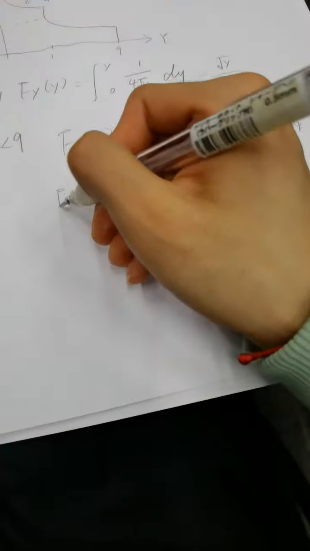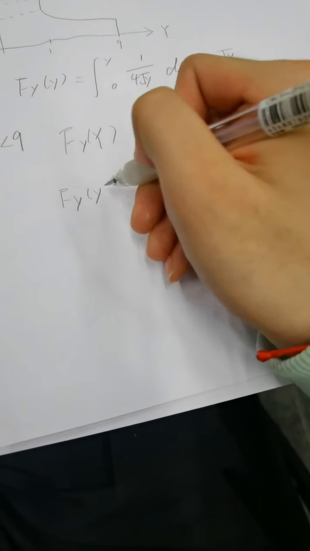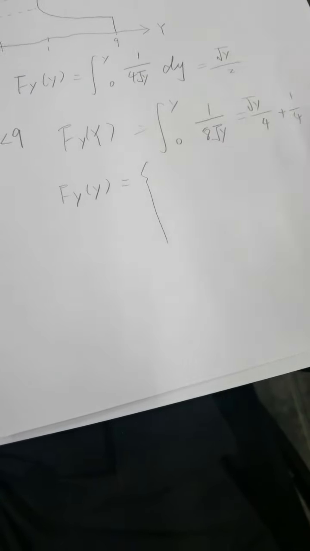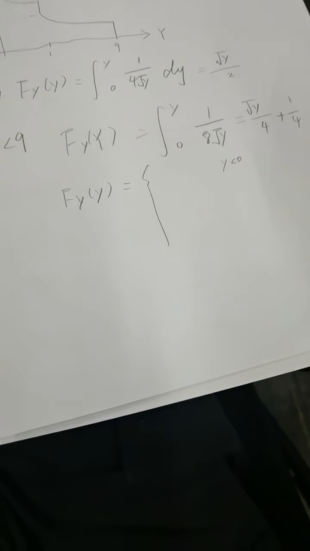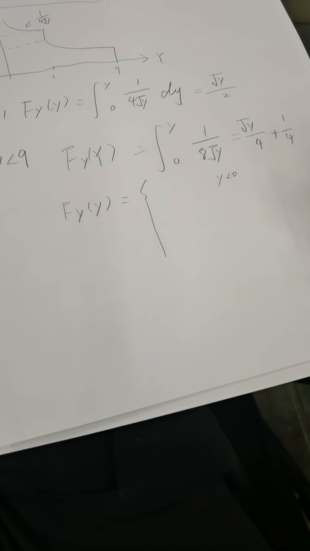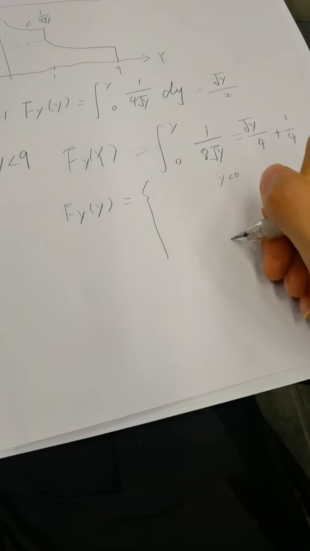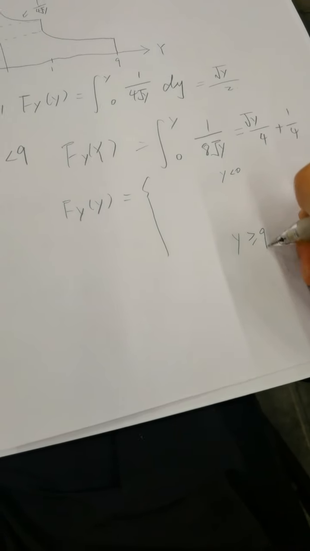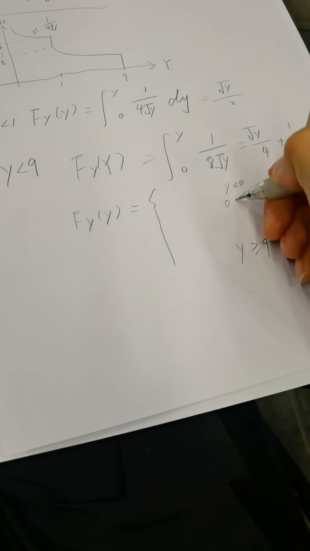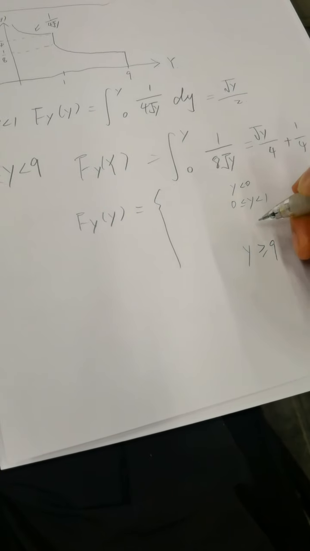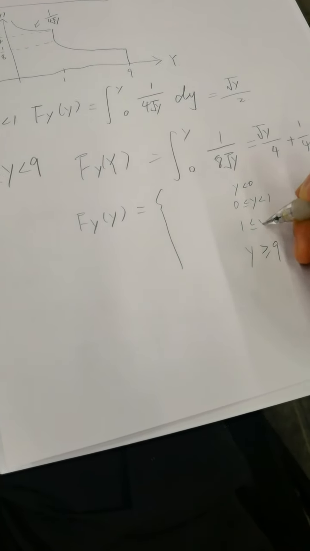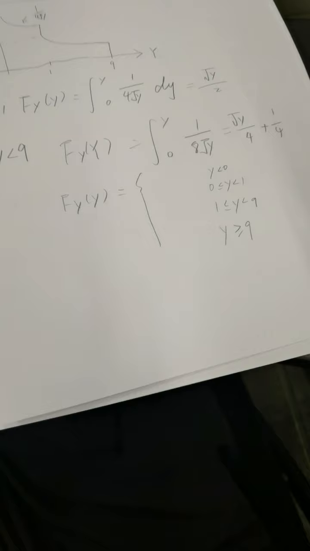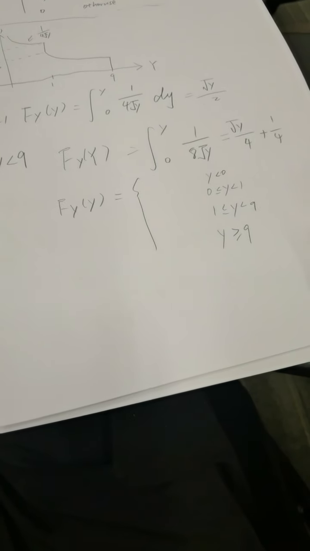So for big F(y), there are 4 situations. One is y smaller than 0, same as the big F(x), and one is y bigger than 9. And there are another 2 situations shown above, 0 to 1 and 1 to 9.